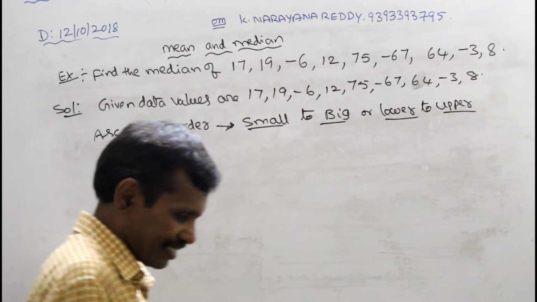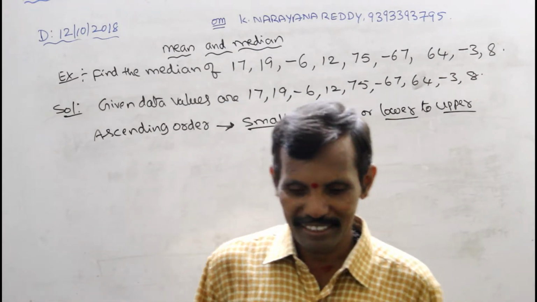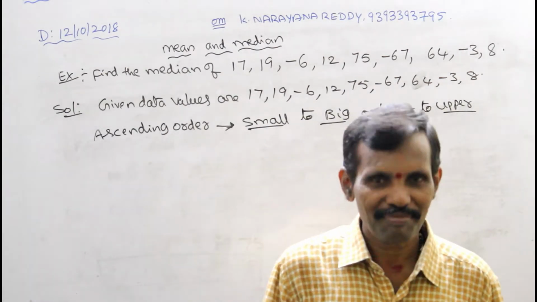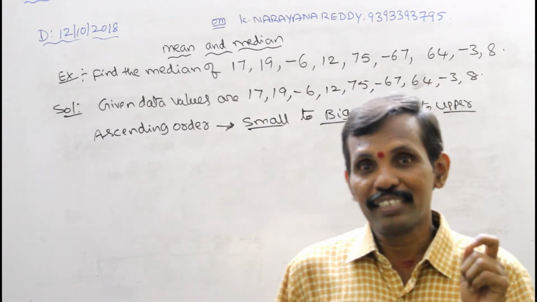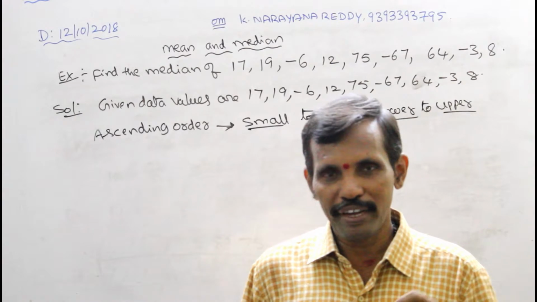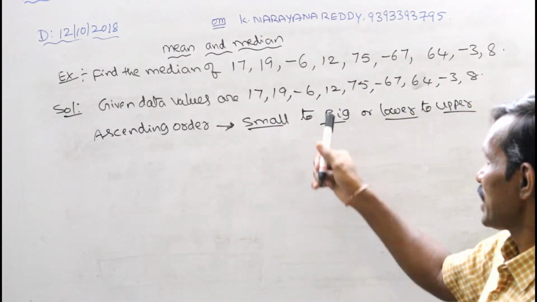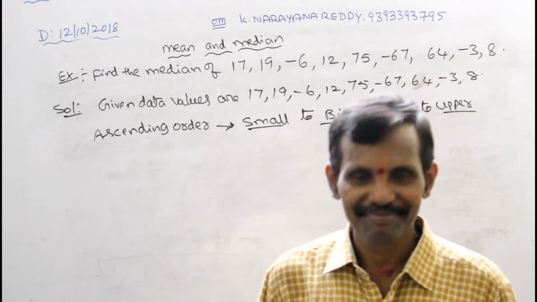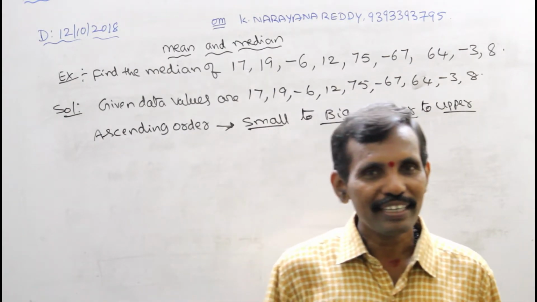Now, this is a very important point which you have to observe. I will ask one question for you, dear friends. Which is the biggest number between minus 6 and minus 67? Which is highest?